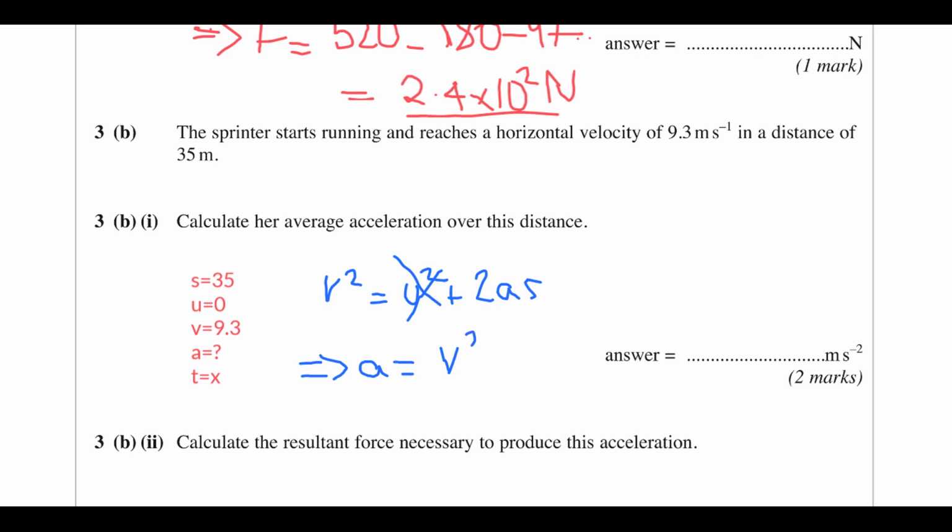So it's going to be v squared over 2s. That's 9.3 squared over 2 times 35, and if we do that, we end up with 1.2356, so that's going to be 1.2, two significant figures, which would be appropriate here.